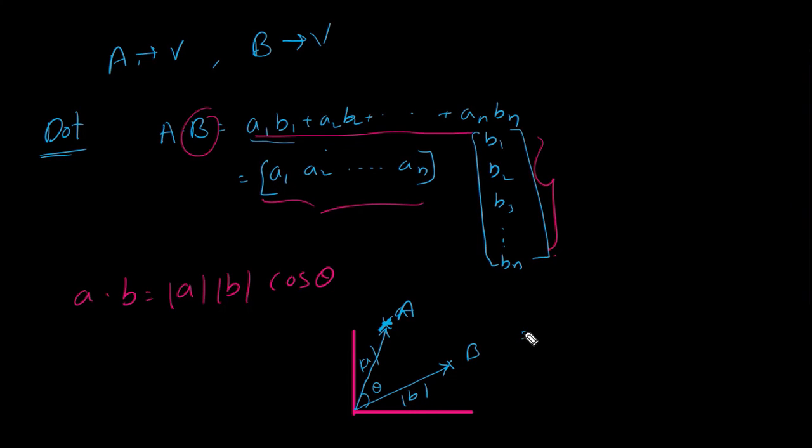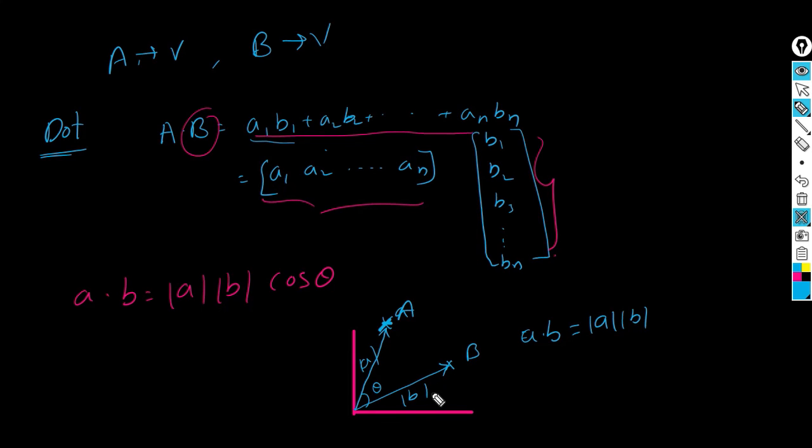We get A dot B by taking the two distances, multiplying them, and multiplying by the cos of the angle between these two vectors. How will we get the cos theta value? If you know the A1 B1 values, it is easy to get.